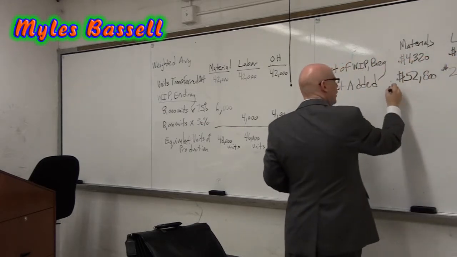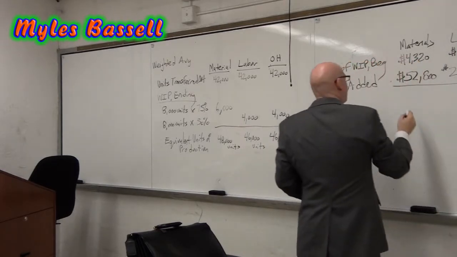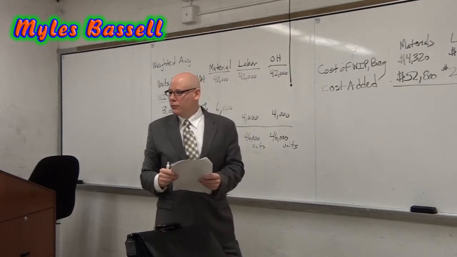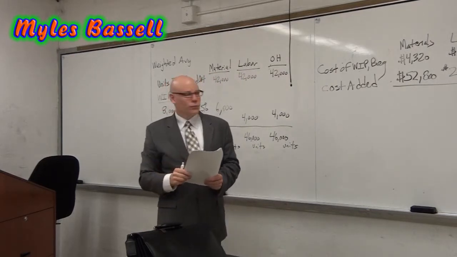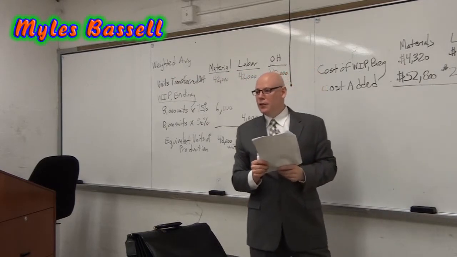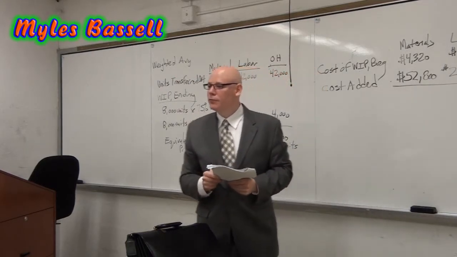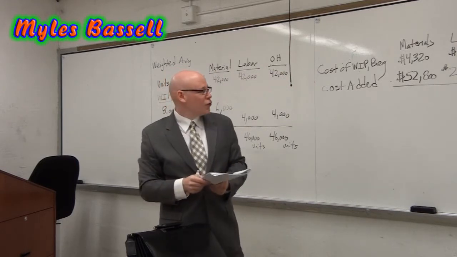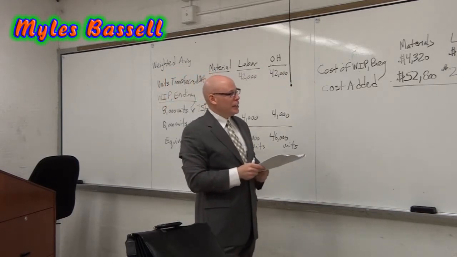Okay, so who could tell me what this 52,800 means? Irina, go ahead, tell us. Raw material we use this period. Right, that's the raw materials that we use this period.